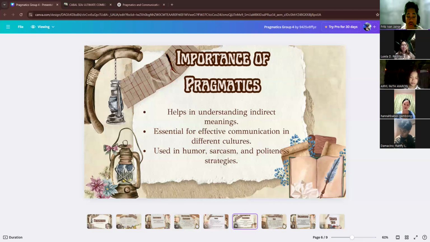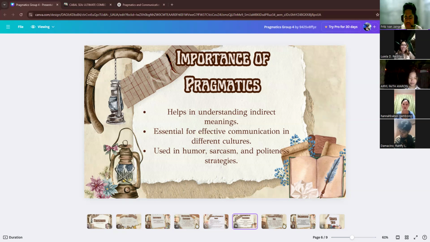So, first, it helps us understand indirect meaning. Pragmatics helps us to understand indirect meanings in conversations. People often imply things instead of stating them directly, relying on the context and the tone. So here's an example.